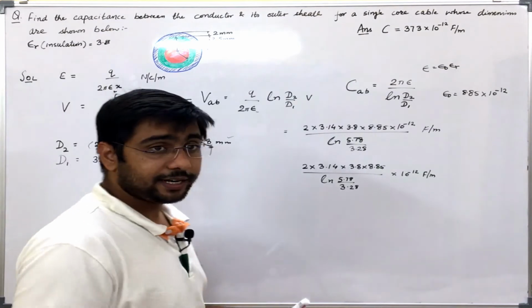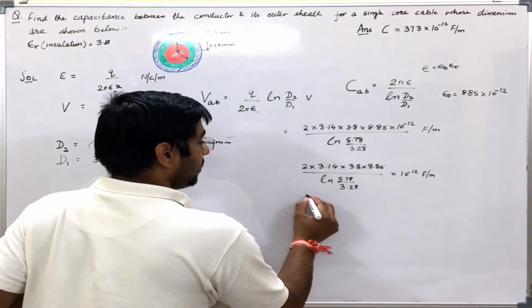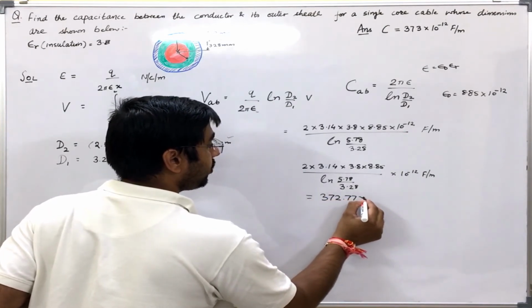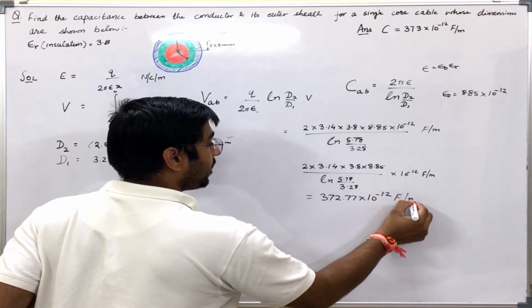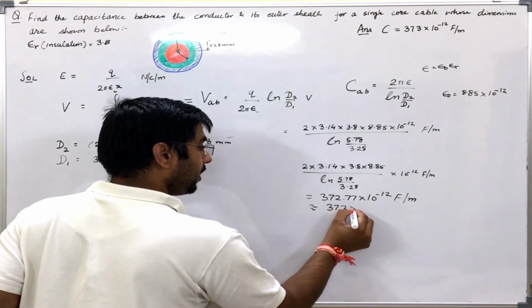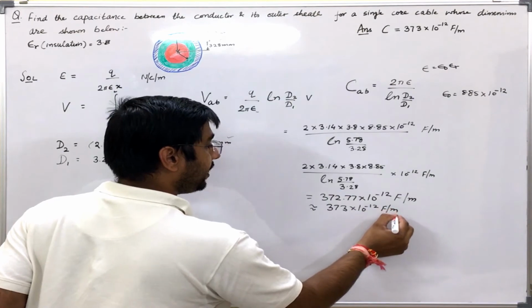It comes out to be 372.77, that is 372.77 into 10 to the power minus 12 farad per meter, which is as good as 373 into 10 to the power minus 12 farad per meter.